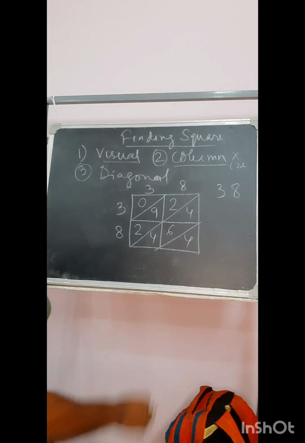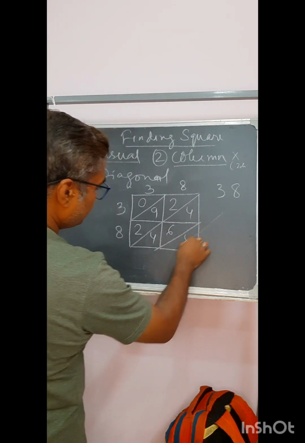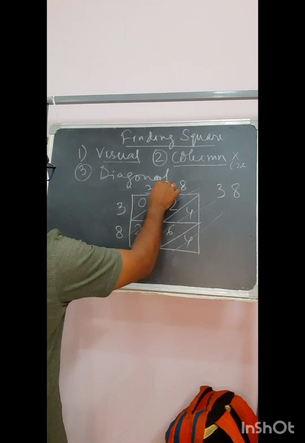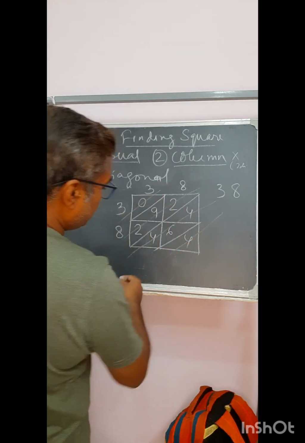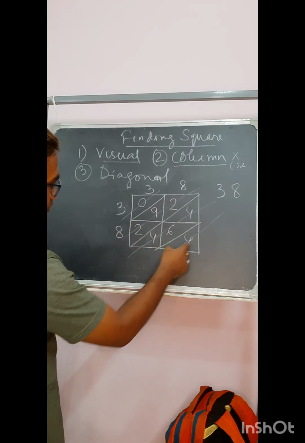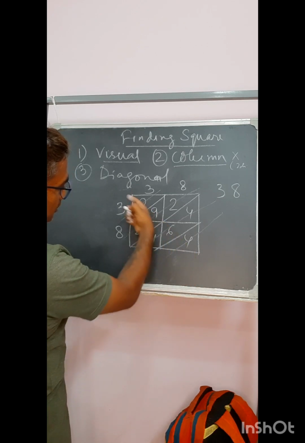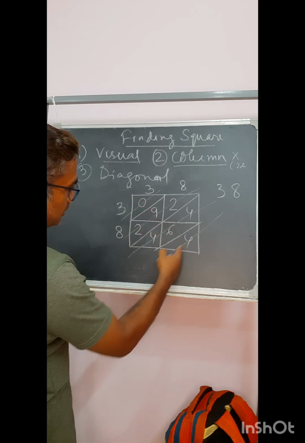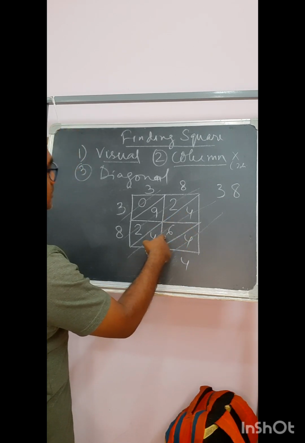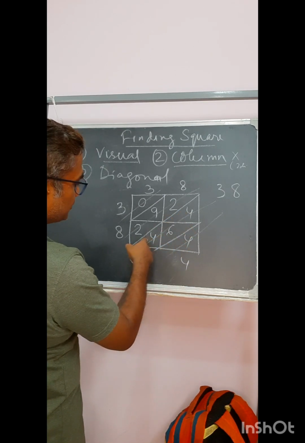Now I will put some striking marks. Why I am putting them, I will let you know. Along this line I have to add the numbers which are cut by each line. The result, I will start from downwards. There I am getting nothing, so 4 will be there. There 4 plus 6, 10, plus 4.